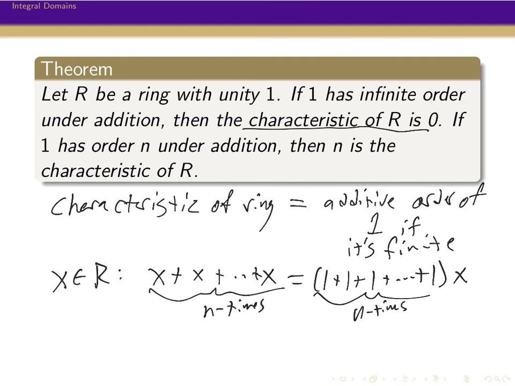But then all those 1's added together n times, well, 1 has order n under addition. And so we get 0 times x, which is 0. So x added to itself n times gives you 0. And since this is true for everything in the ring, this means that the characteristic of the ring is n.